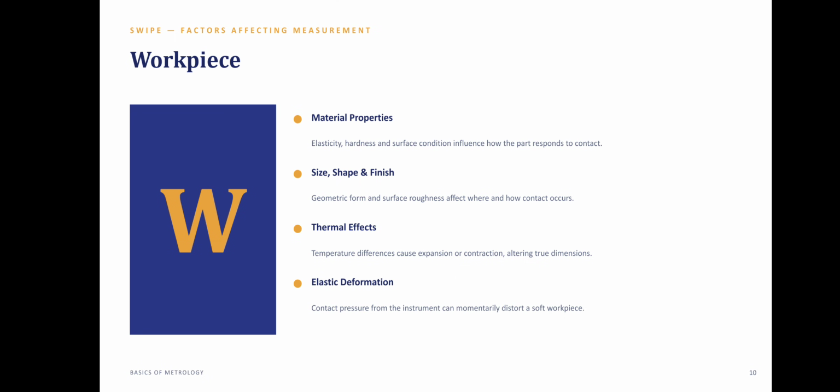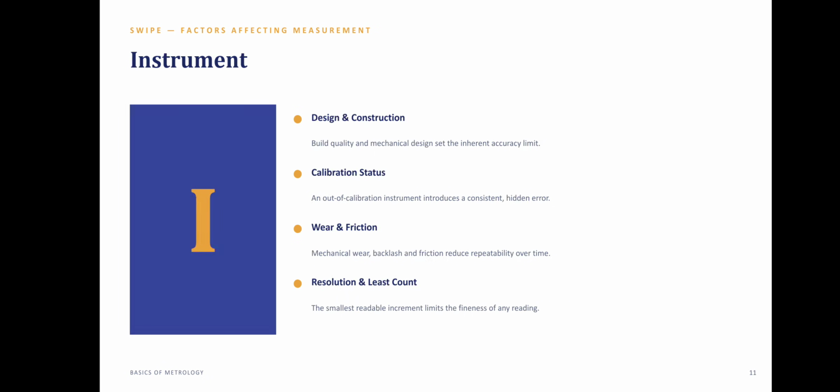Thermal effects mean temperature differences or thermal conductivity cause expansion or contraction, altering true dimensions. The final one is elastic deformation, a mechanical property, meaning contact pressure from the instrument can momentarily distort a soft workpiece.